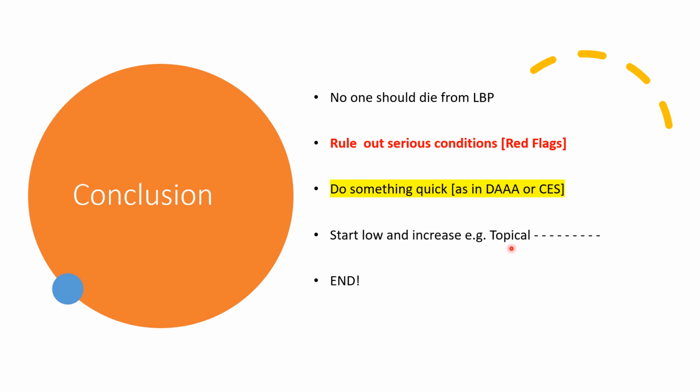Like topical analgesics should be the beginning. If we are not winning, we can then get acetaminophen over the counter. Then non-steroidal anti-inflammatory drugs, ibuprofen or naproxen. You may go for another. Then you can add misoprostol or omeprazole to that to protect the gastrointestinal lining.